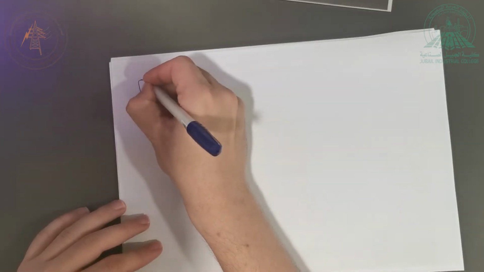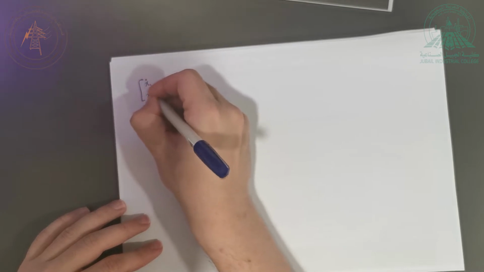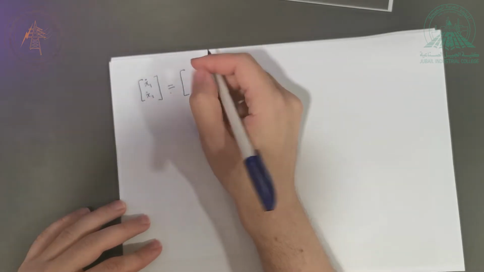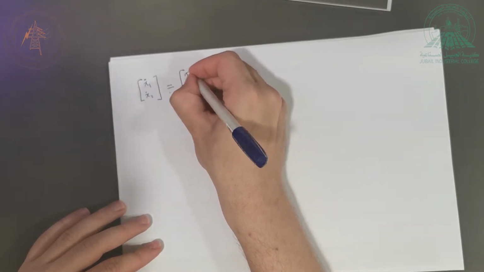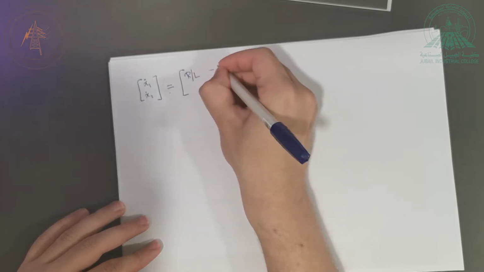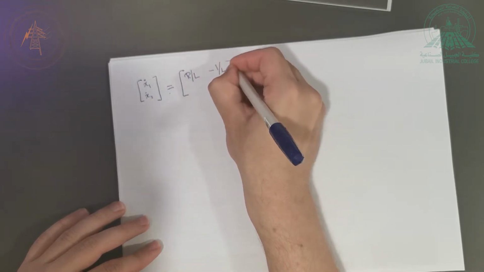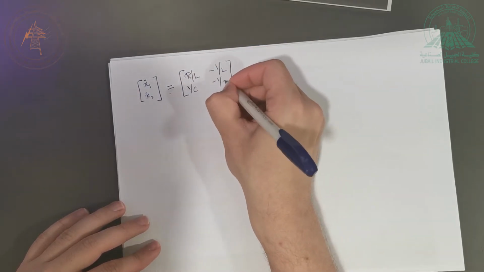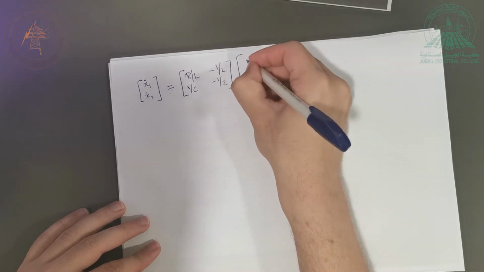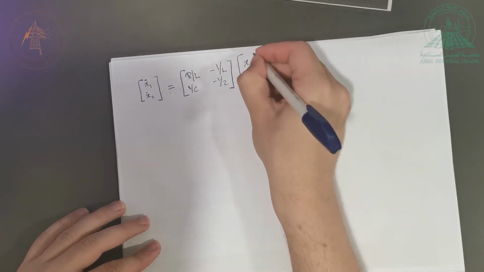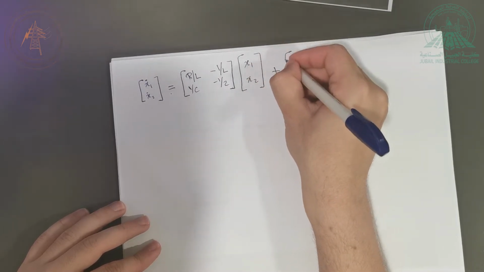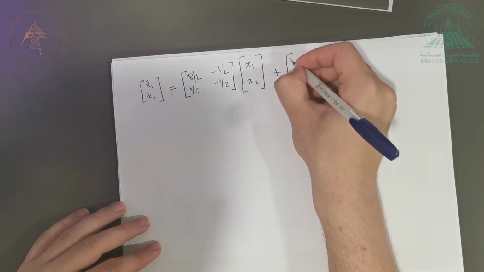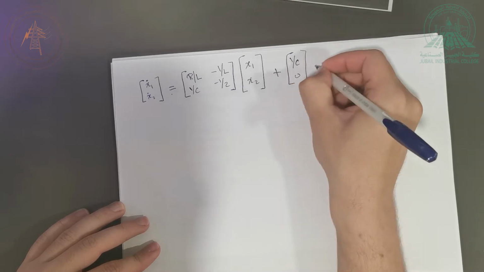I can have something like this: x1 dot, x2 dot equals, for example, R over L, minus 1 over L, and here I have 1 over C, minus 1 over C, multiplied by x1, x2, plus, for example, 1 over C, 0, multiplied by U.